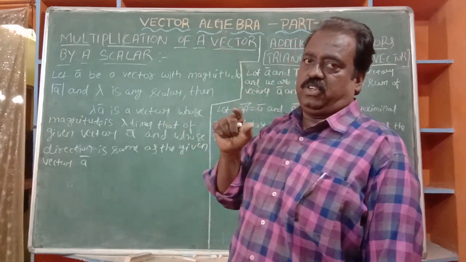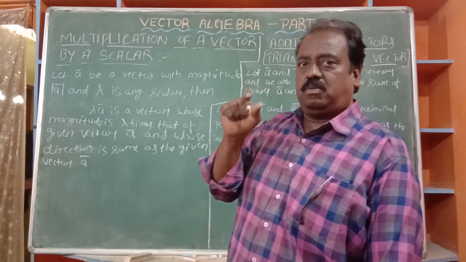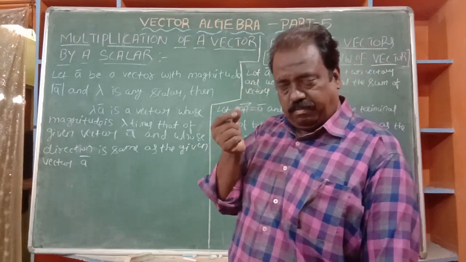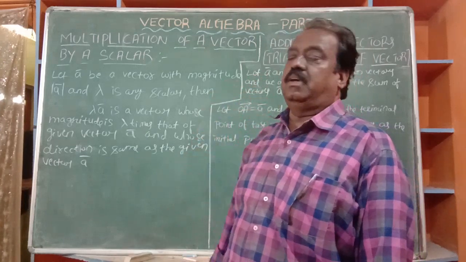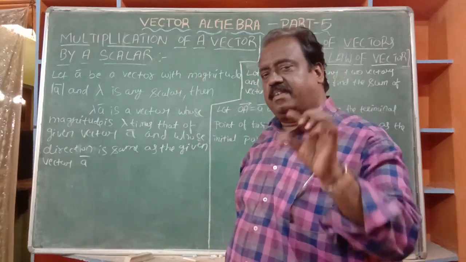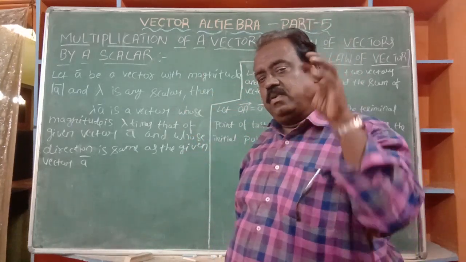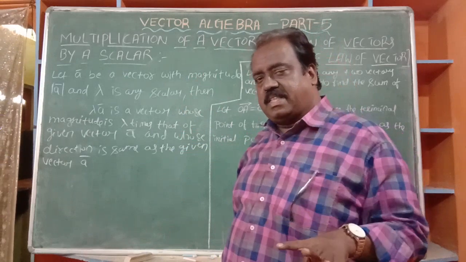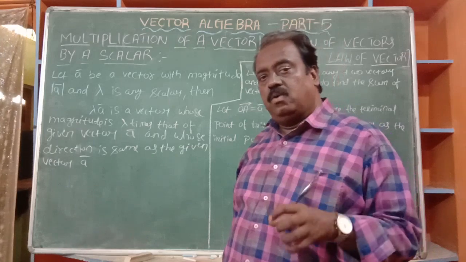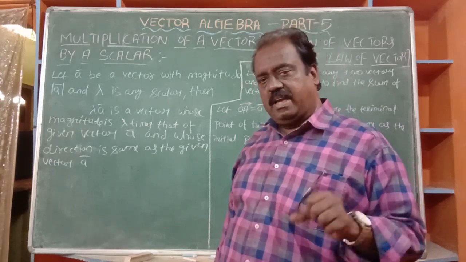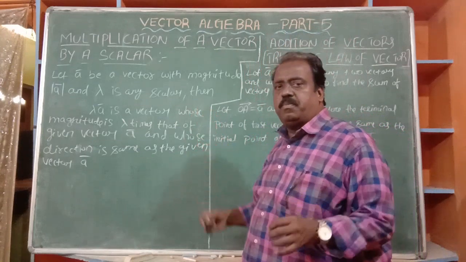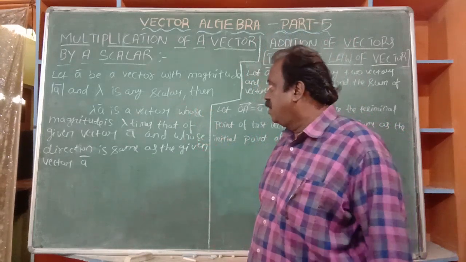A vector has magnitude as well as some direction. But a scalar is a number. It is simply a magnitude: length, breadth, height, distance, volume, area, time, like this. Simply, we may say it is a number.